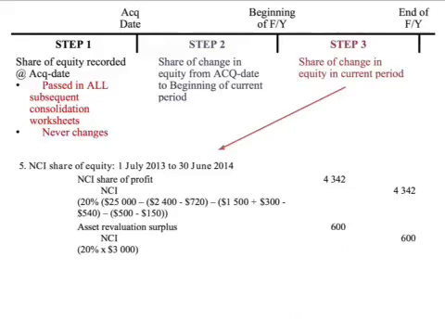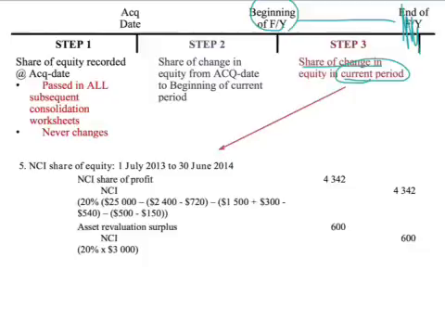In the third step of the NCI calculation, we calculate the NCI share of the change in the equity in the current period. So we now cover the period since the beginning of this financial year up to the date when we actually prepare the consolidation worksheet.